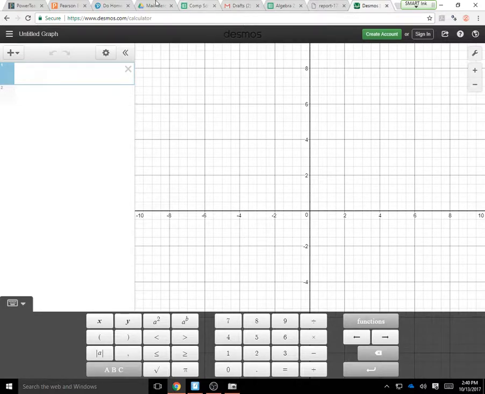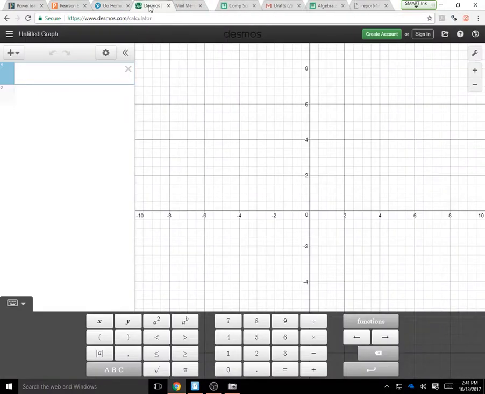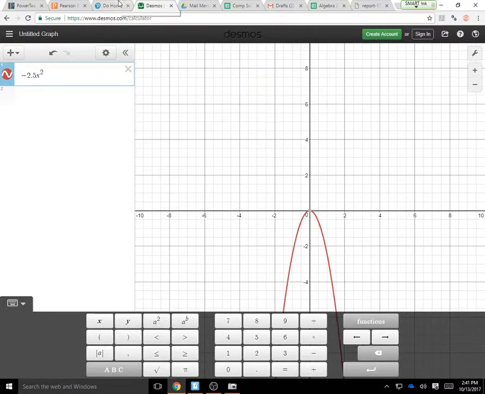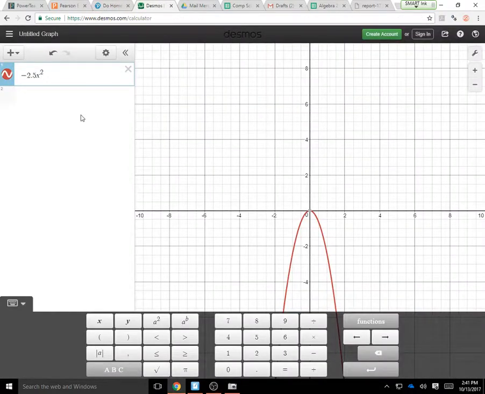Let's see here. Negative 2.5 x squared plus 850 x.